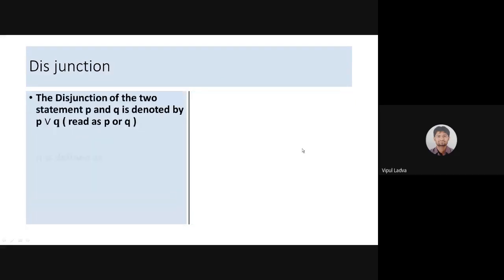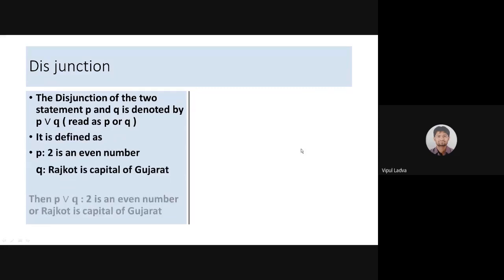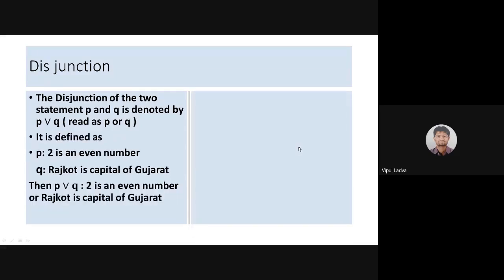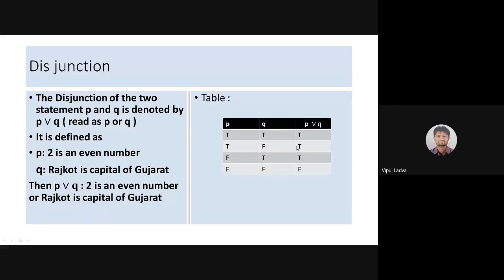After that, we went for the disjunction, similar to the conjunction. In the conjunction we were dealing with "and". Now, in this operator, we are dealing with the word "or", P or Q. If you look at the truth table, in the last column, the truth value of the disjunction will be true in three cases: if one of the two statements has truth value true, or if both statements are true.